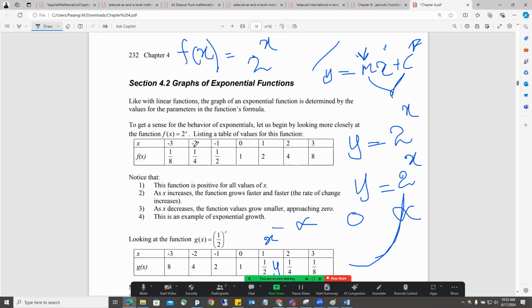Likewise, the data table gives values like this. Notice that this function is positive for all values of x. Though we input negative values, minus 3, minus 2 and minus 1, the y value is still a positive value, right?